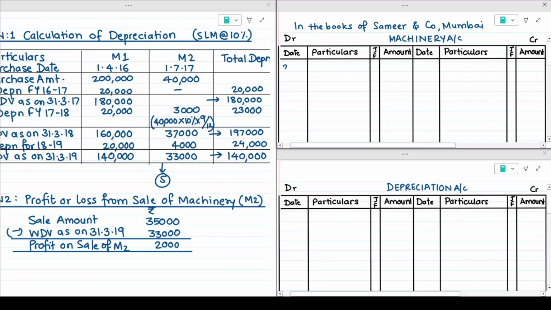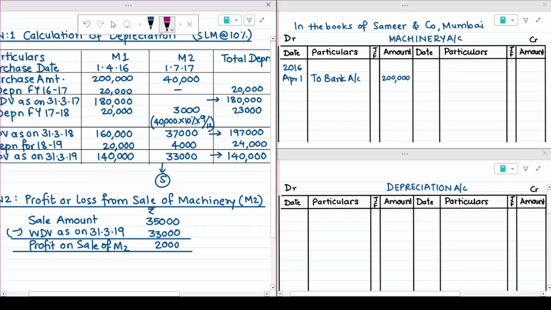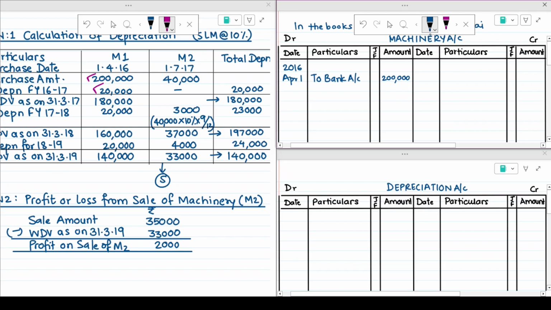So the entry will be 2016 April 1, machinery account debit to bank account, 2 lakhs. So this is done. Then during the year there are no other entries. This depreciation entry we will pass at the year end, 2017 March 31.